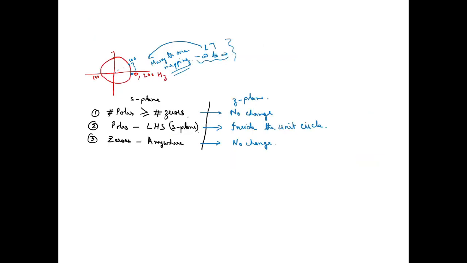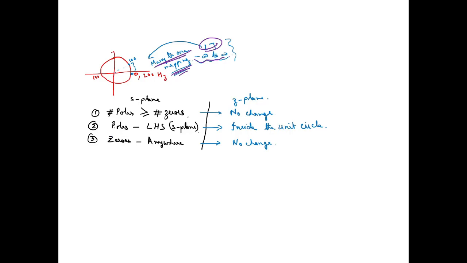Now, if you want to summarize the comparison, when you go from the Laplace domain, which has frequency components from minus infinity to infinity, to the z plane, we have a many to one mapping.